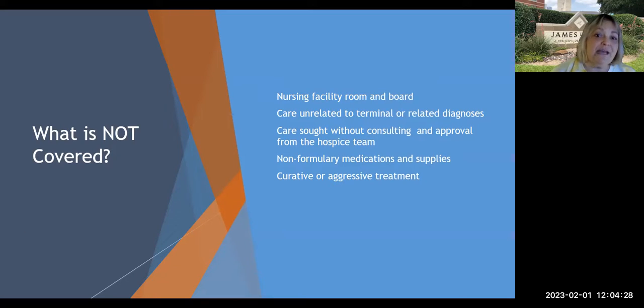The care unrelated to the terminal or related diagnosis, they're going to provide care for the terminal diagnosis. Care sought without consulting and approval from the hospice team. If a family member decides to make an appointment with somebody and they don't consult hospice, they're not going to pay for that. And then curative or aggressive treatments, because that's not what hospice is about.